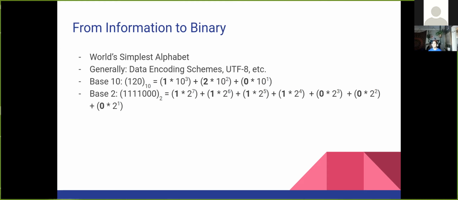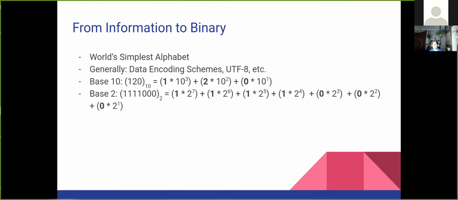And so we have this idea of encoding information into binary. A bit is just a binary digit, a 1 or a 0. And binary is not the encoding scheme, but the base, right? Because it's base 2, as opposed to base 10, which is what we commonly use.